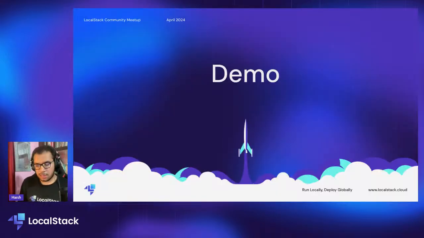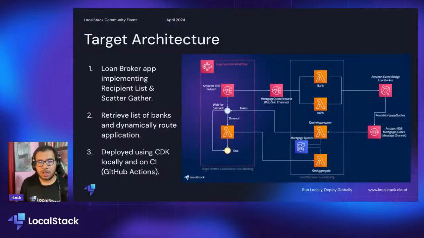Moving to the next slide, now is the time that we really go deep into how you can easily work with LocalStack on the CI itself. But let us first talk a bit about the target architecture that we have at hand. We are deploying a loan broker application. It's a pretty common enterprise use case that is quite popular amongst a lot of AWS reference guides and some online articles.